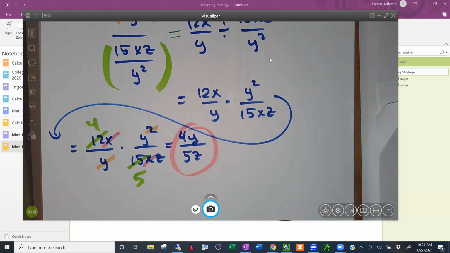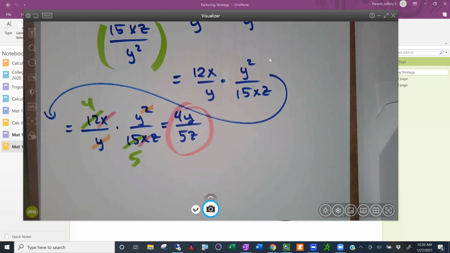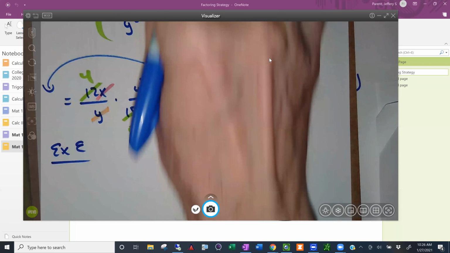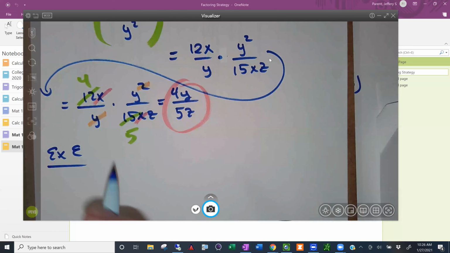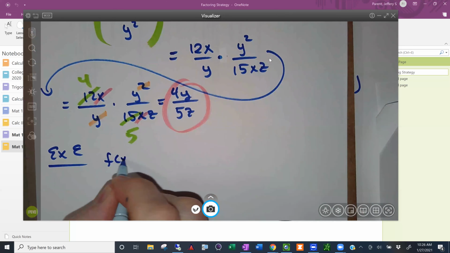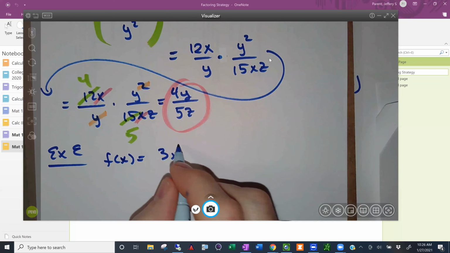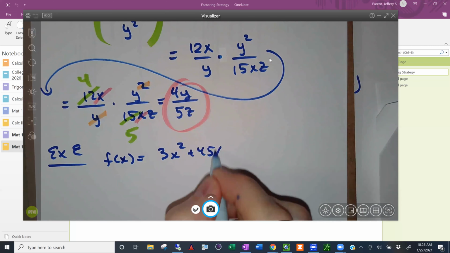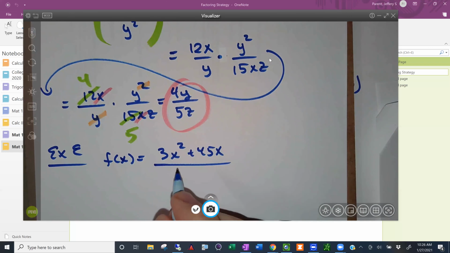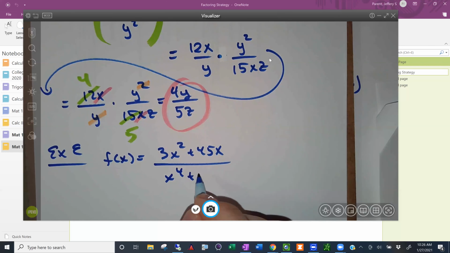One last one. So example E. I'm going to milk this one for all it's worth. So you might see an expression of f of x equals 3x squared plus 45x over, say, x to the 4th plus 15x cubed.